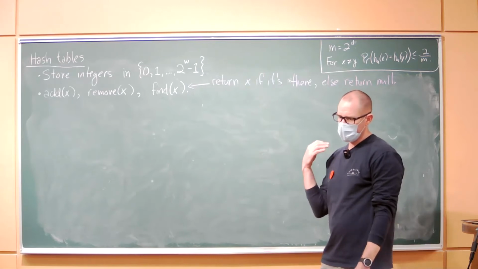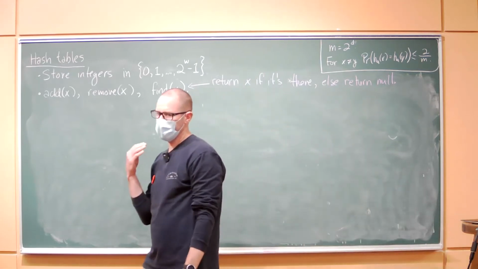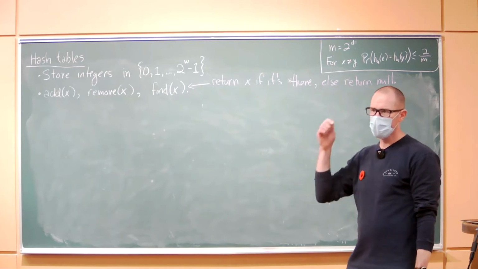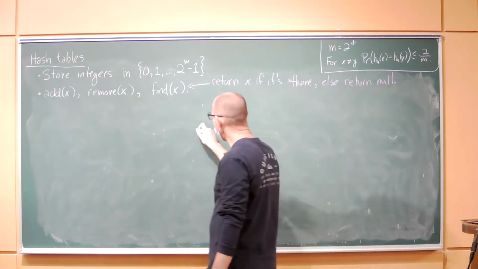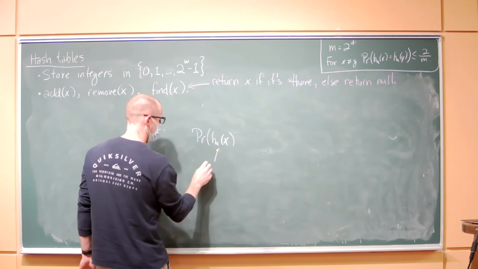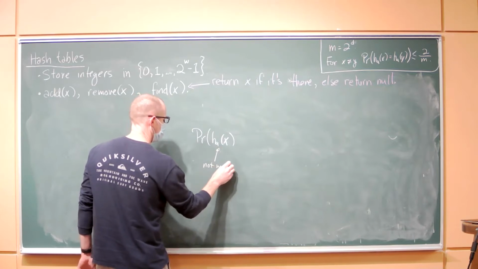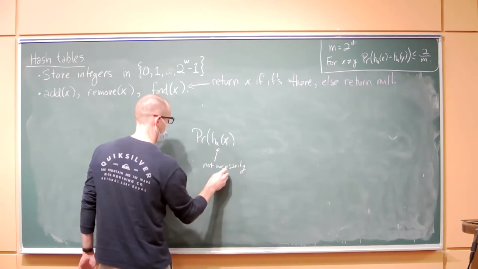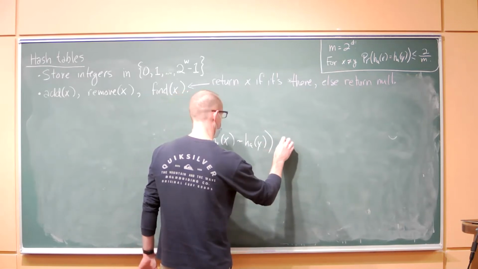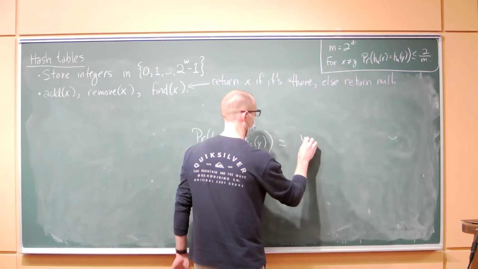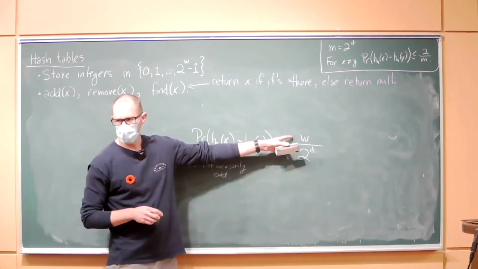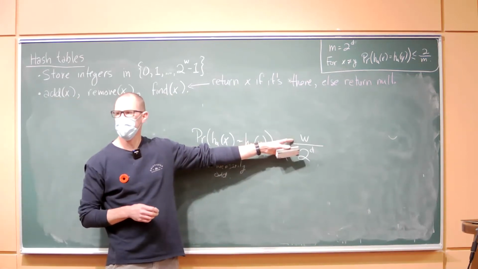But the problem is there are values x and y, so that if I pick a random a, which could be odd, could be even, then the probability that h_a of x equals h_a of y, if I choose a to be not necessarily odd, can actually be w over 2 to the d, and w is not constant, right? w is at least log n, for example.